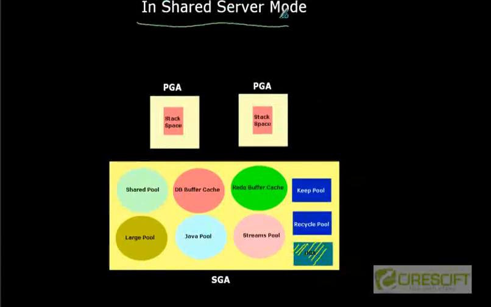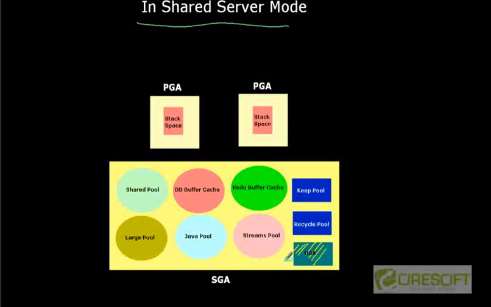However, in case of shared server mode, this UGA, instead of lying in the PGA, is going to be part of the SGA, because in shared server mode we share some information across different clients, like the request queue and response queue. Since those things are shared, Oracle reports the memory of the UGA as part of your SGA.